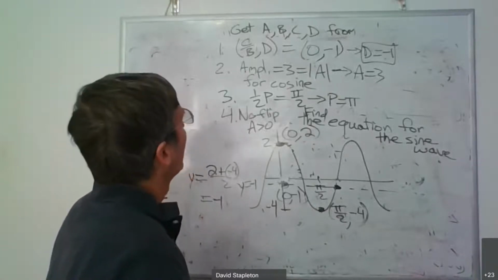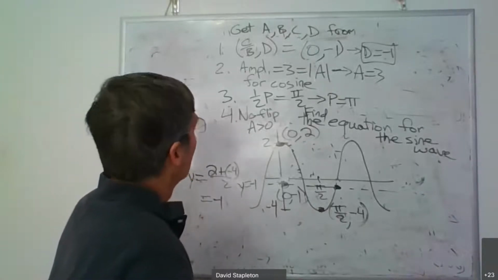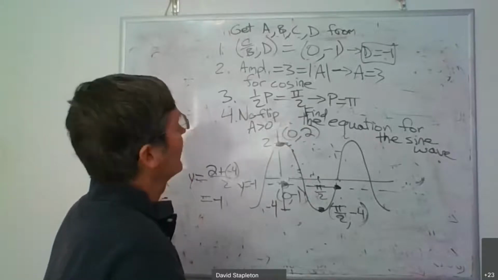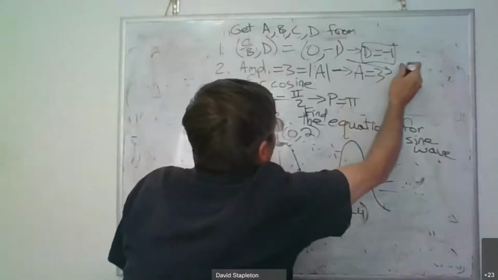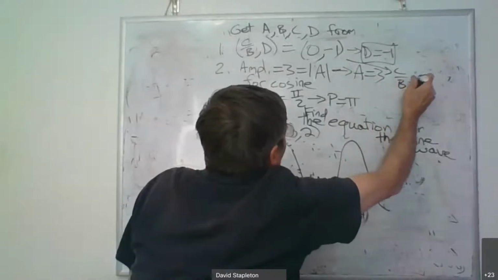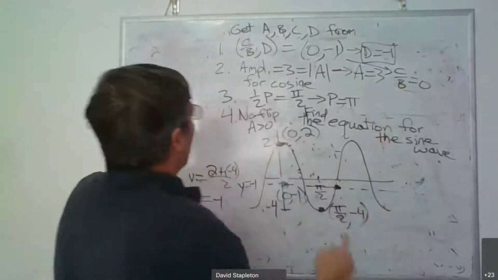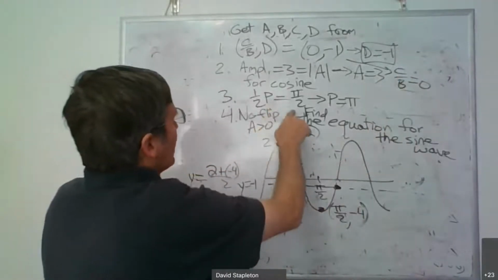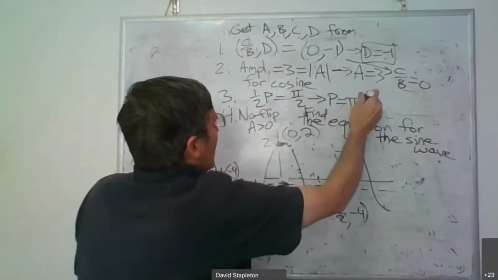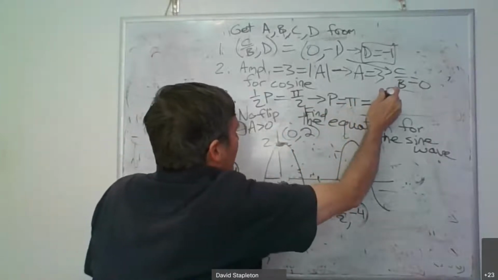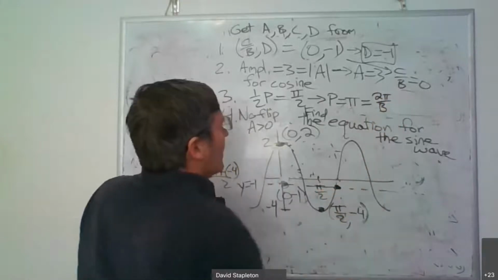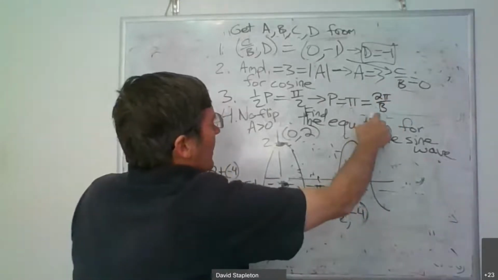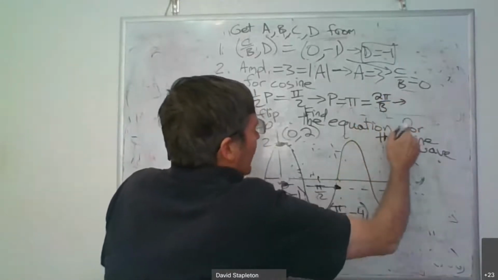All right. Now I have everything I need to find all the letters, right? And C over B is 0 from this equation. And B, the period is 2 pi over B. And we can deduce B from this, right?